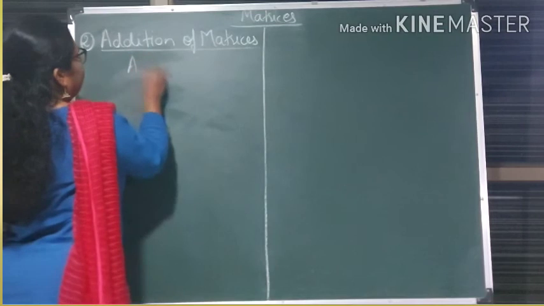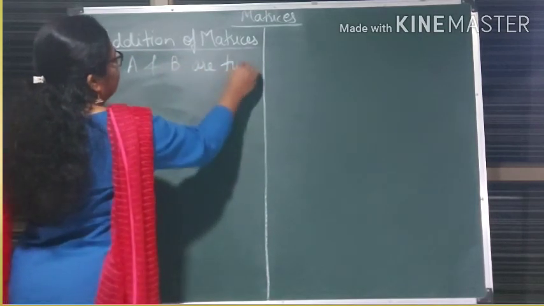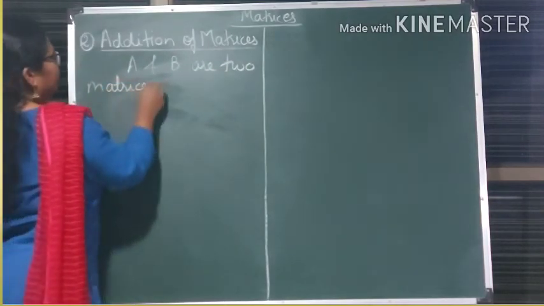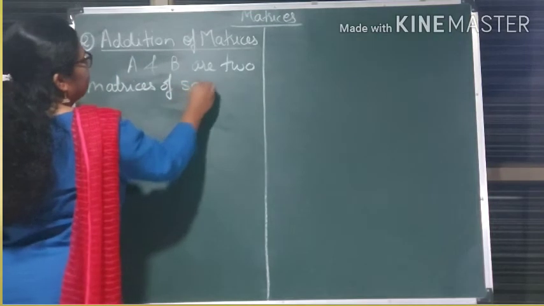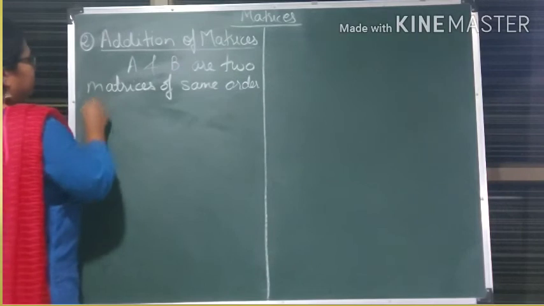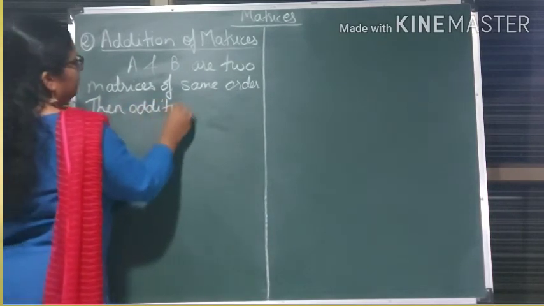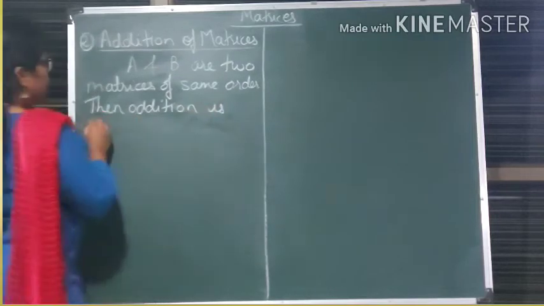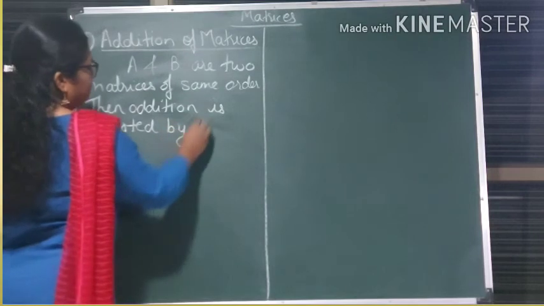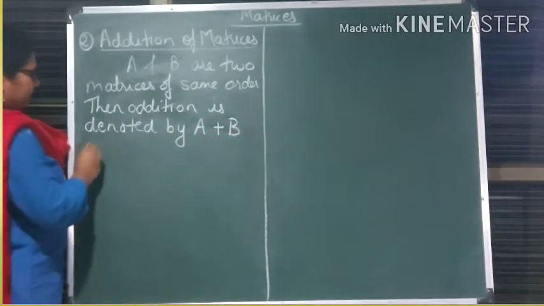So, if A and B are two matrices of the same order, then addition is denoted by A plus B.